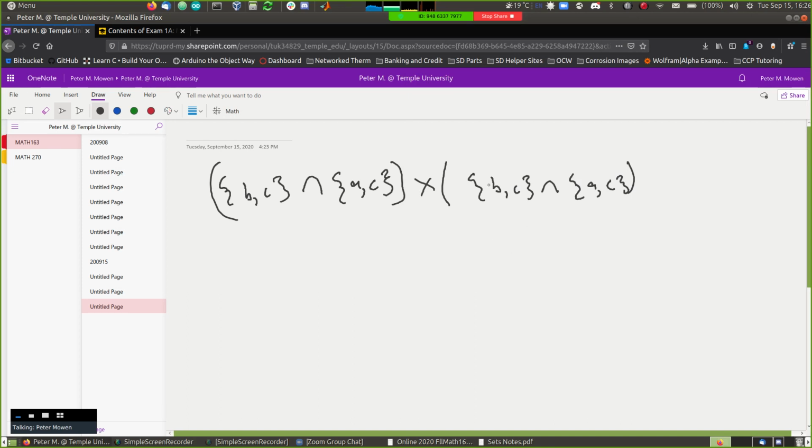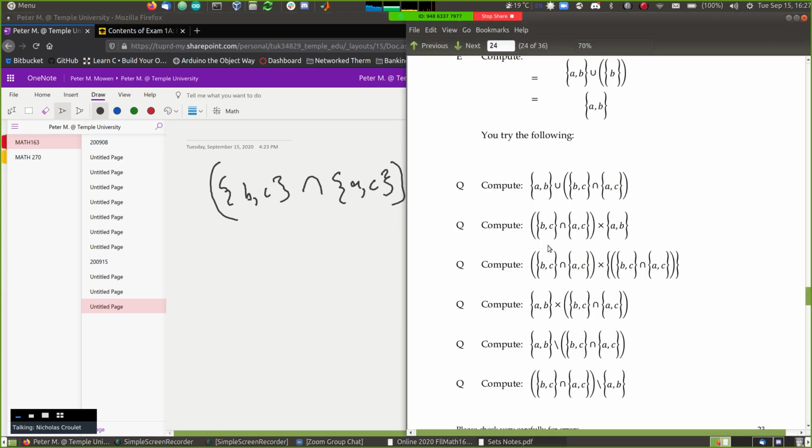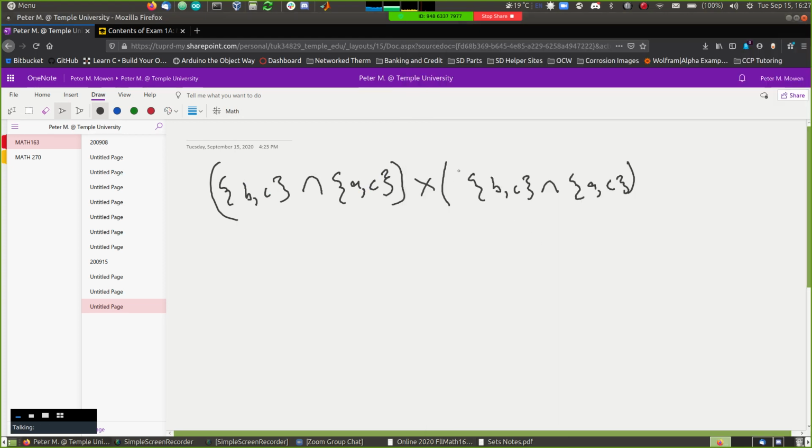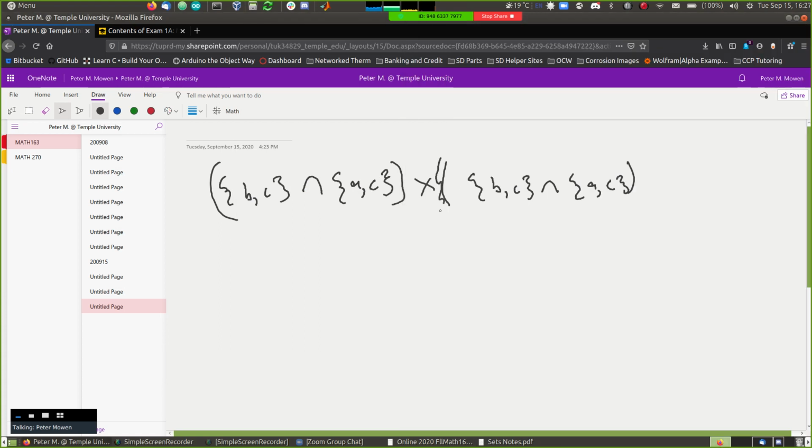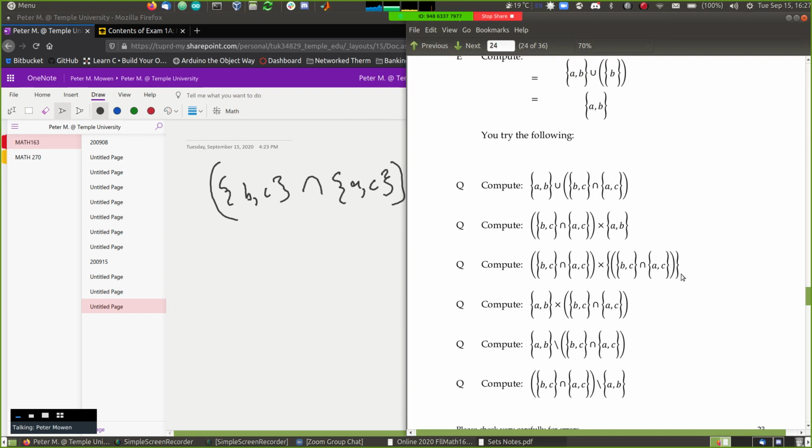So we can start by, oh yeah, so this is the set containing that one element. Okay, sorry, I missed the outer brackets. Good catch.